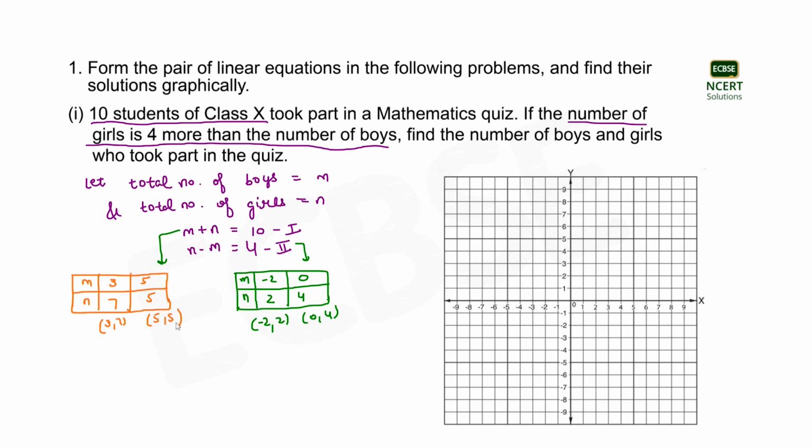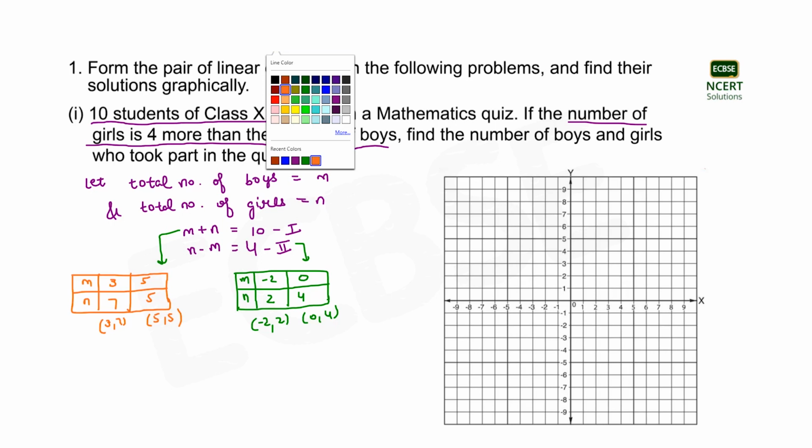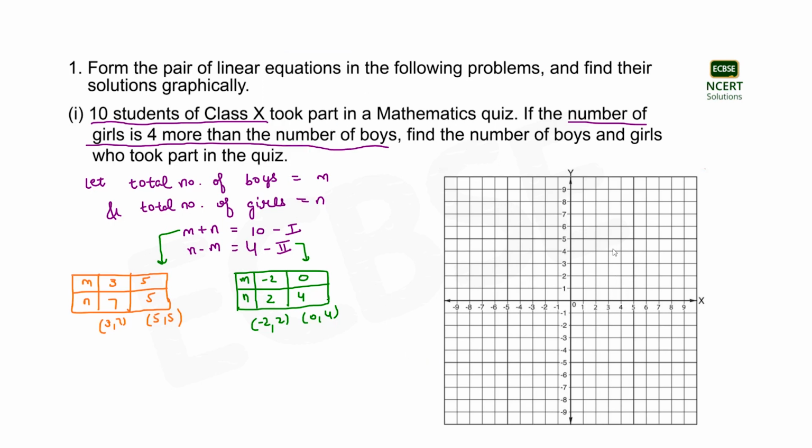Now let us draw the lines by marking these points over the graph and drawing the lines for these two linear equations. Starting up with the first table, as is clear from the graph, we have two axes, x and y, where x is the horizontal axis and y is the vertical axis. Just remember that the x-axis here represents the variable m and the y-axis represents the variable n.